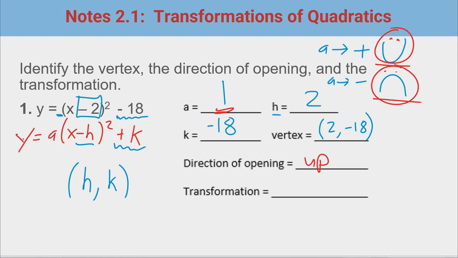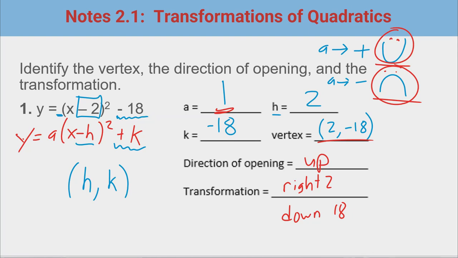And our transformation here then would just be right 2, down 18. Right? We get that from this vertex here. We can graph these.